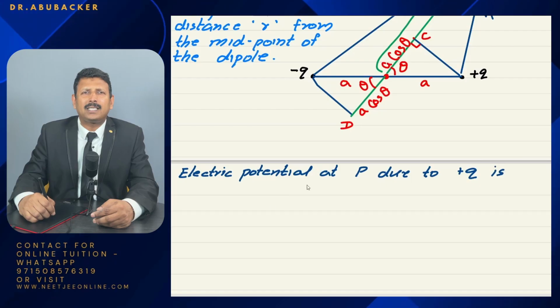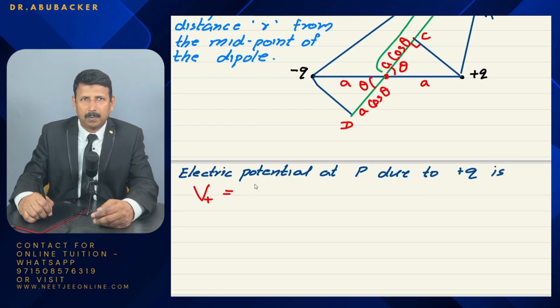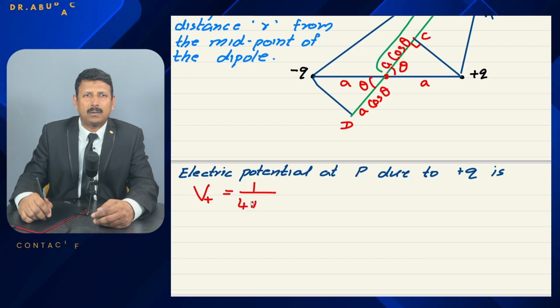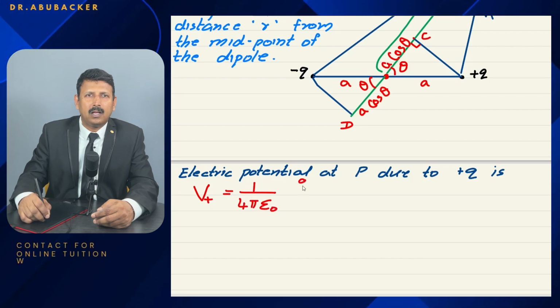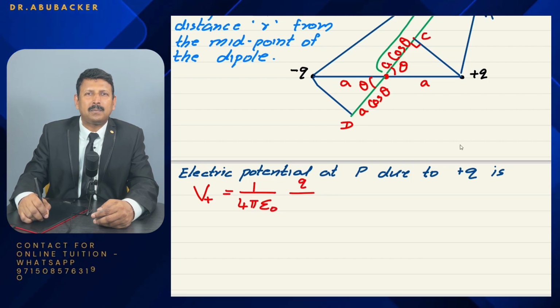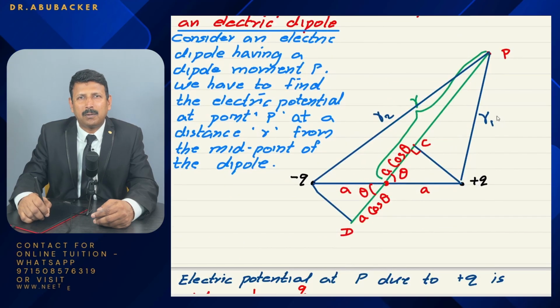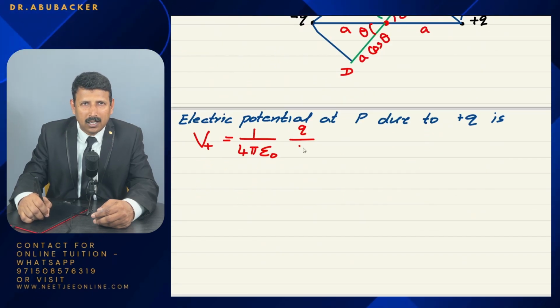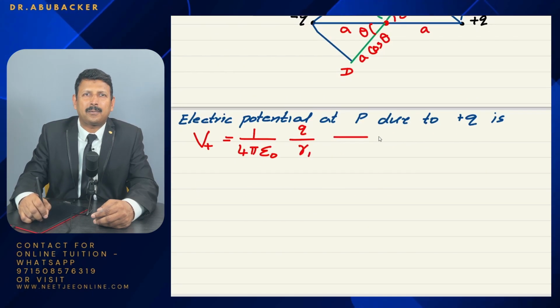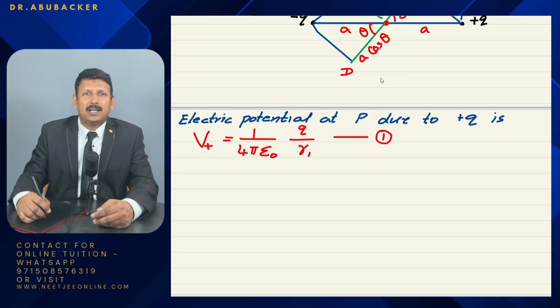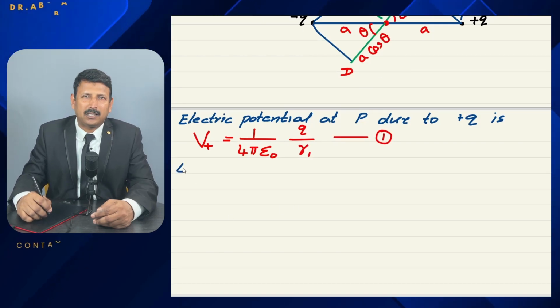So electric potential at P due to plus q is given by the potential equation. V due to plus q, that is V plus, is equal to 1 by 4 pi epsilon 0 times q divided by the distance between them. What is the distance between plus q and P now? r1. So q divided by r1, equation number 1. Similarly, we have to do it for minus q.